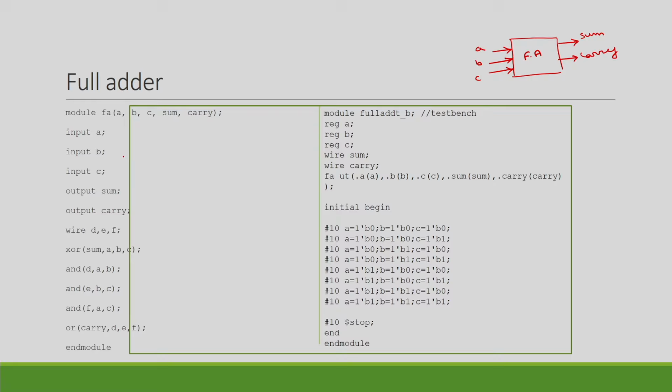Here I have written this as gate level. As I have told, you can write this code using any of the 3 levels, either behavioral, data flow modeling, or gate level modeling. Here I have used gate level modeling.